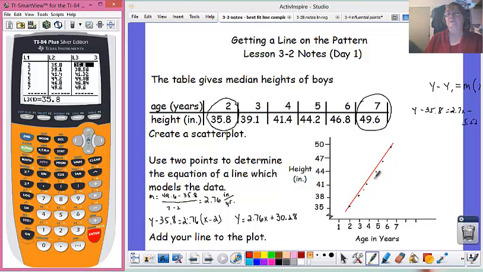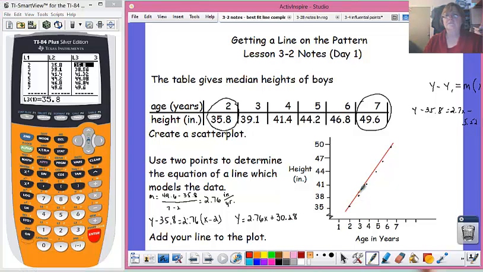So we have no vertical line first or last because those were exact, but at 3 years old, the line predicted 38.5 and 38, we're pretty close, but the residual would be, folks, that distance, the vertical distance between the point and the line, and all of these were just a tiny bit under.